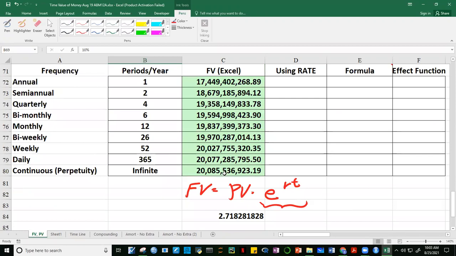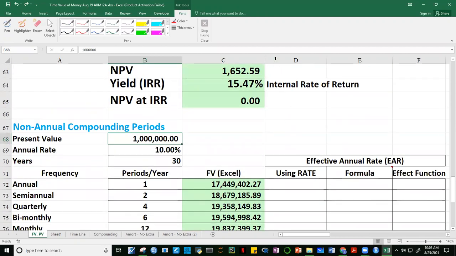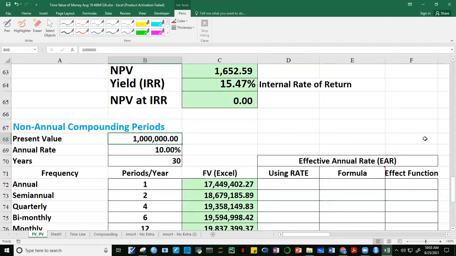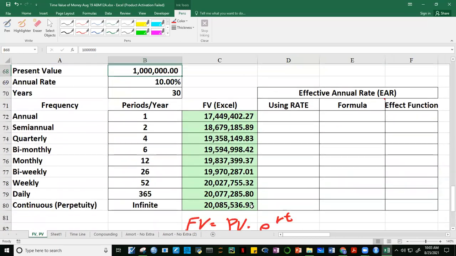The difference is now, ilan to? It's around 8 million na yung difference. Anyway, in-emphasize ko lang yung difference ng daily compounding dun sa continuous compounding.